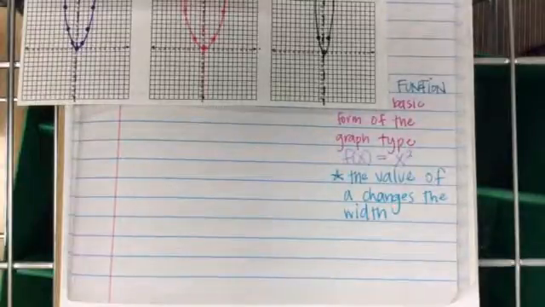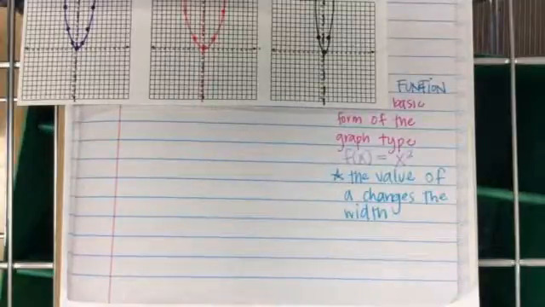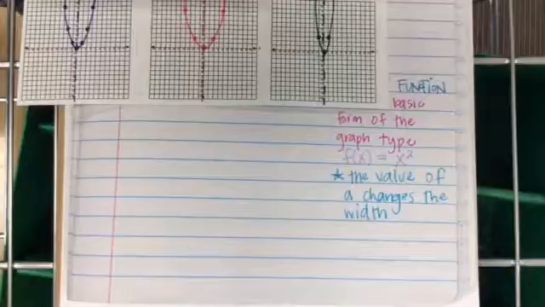And it's the opposite of what you would actually think. Right? If I was thinking that the A value was 1/10, to me that would be a really tiny graph, right? But it's the opposite. 1/10 is a really wide graph. The bigger the number, the skinnier it gets.